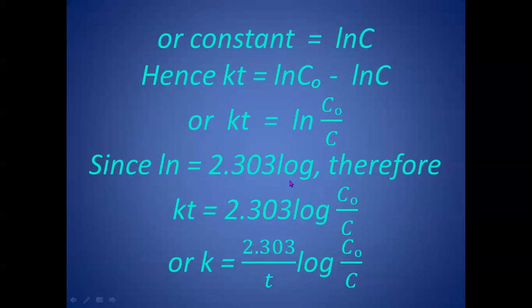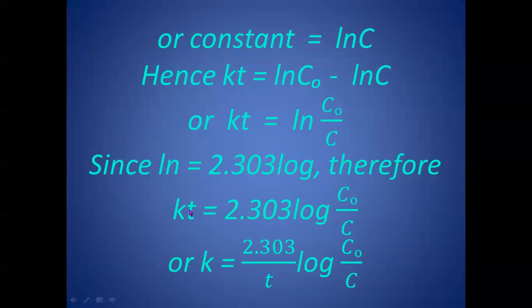Therefore, Kt will become equal to 2.303 log C0 by C. Again, log means logarithm of base 10, C0 is initial concentration, C is concentration at a particular time t of reactant, and K is rate constant.